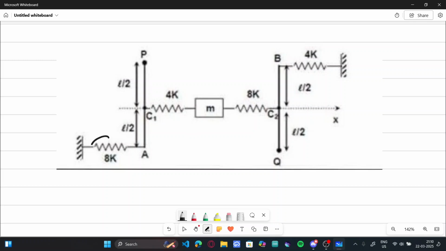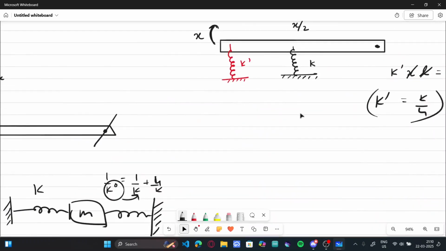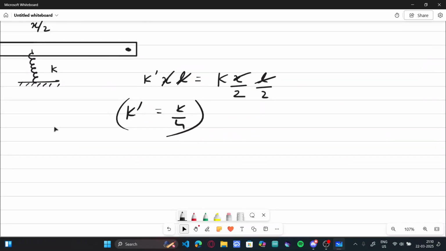So what equivalent spring do we use to produce the same effect as the original spring? What values of the spring constants do we use for these springs? Now we just do this thing all over again.